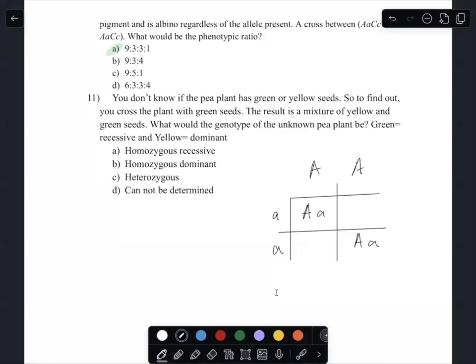When you cross them, you got yellow and green. So that means, oops, that you must have had a heterozygote, because that's the only way you would actually get both.